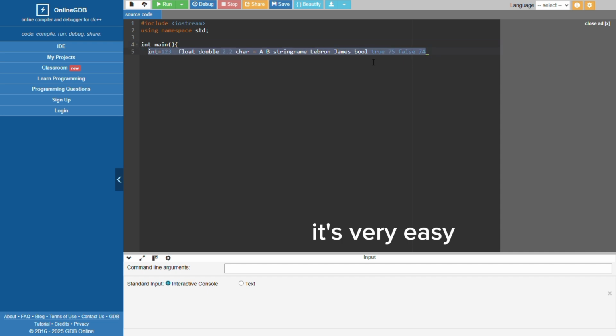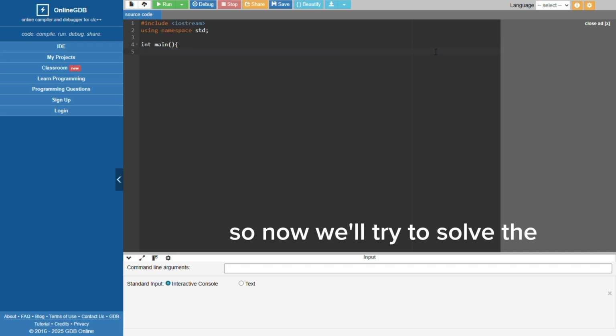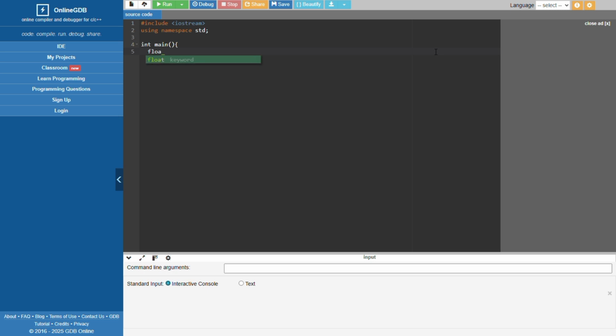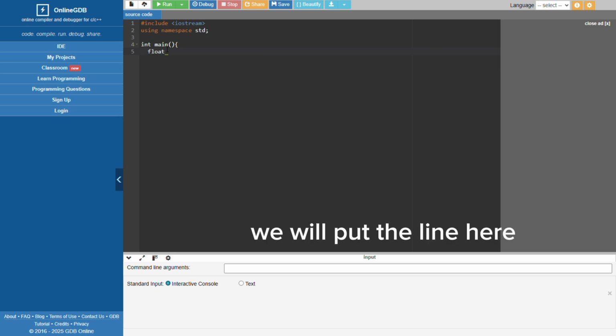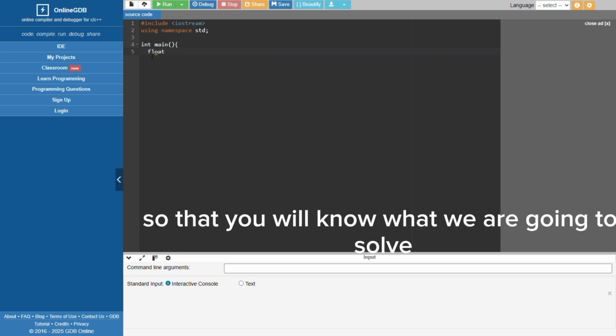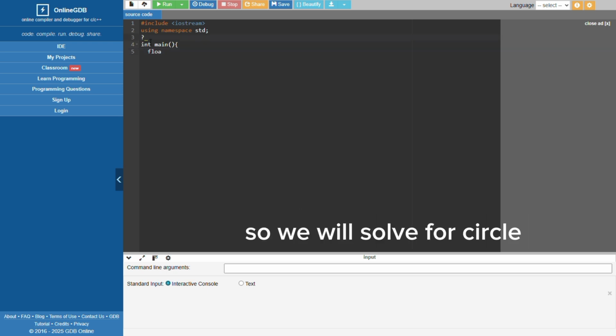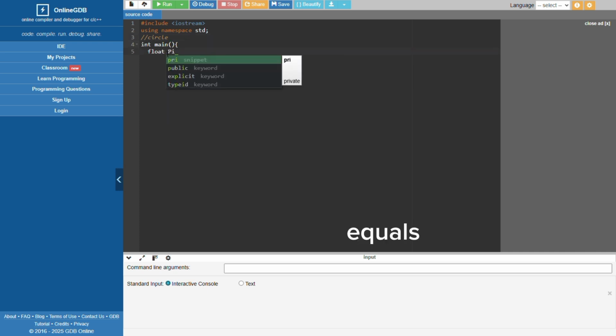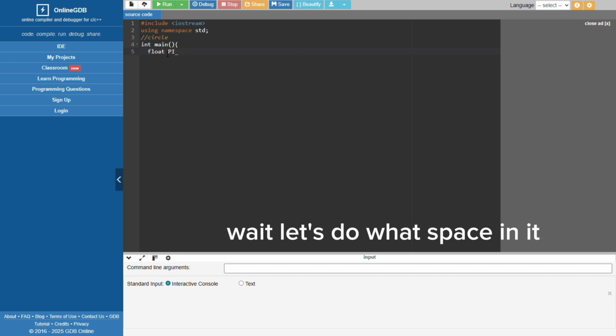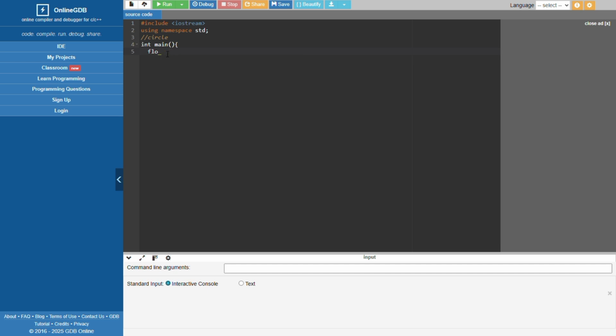It's very easy. So now we'll try to solve. We will put the line here so that we will know what we are going to solve. So we will solve for a circle. In the circle, we declare pi equals, we need to put a space in it.